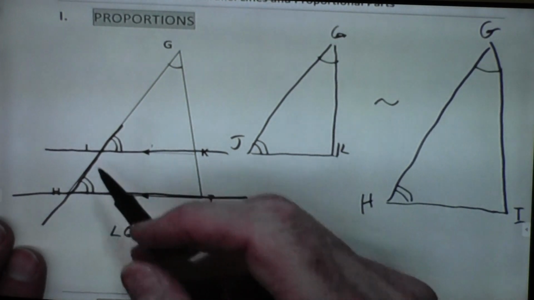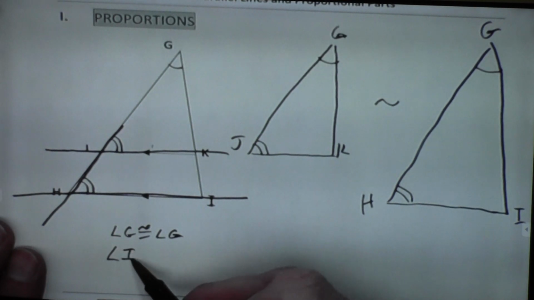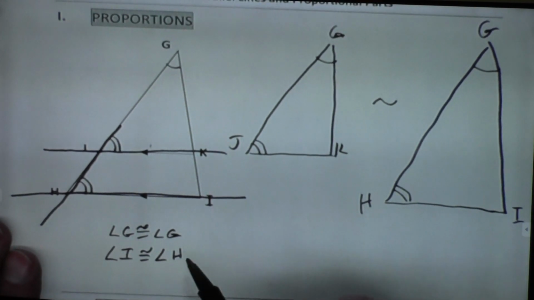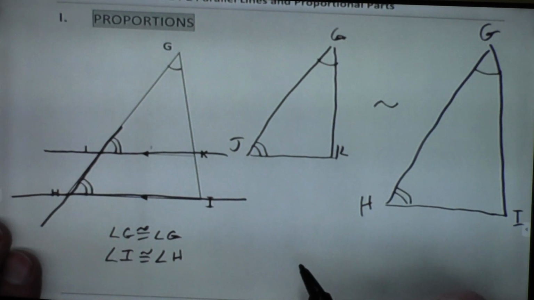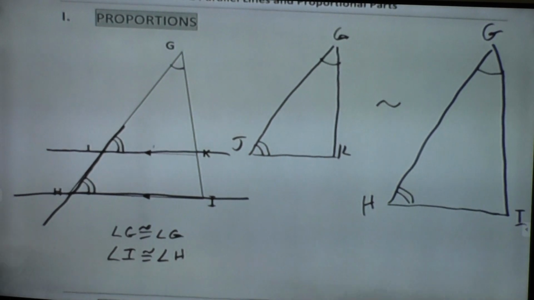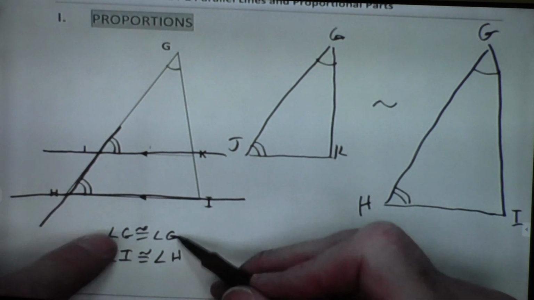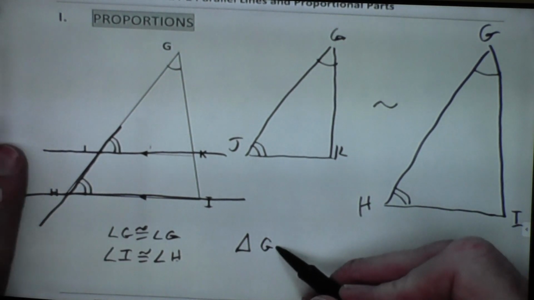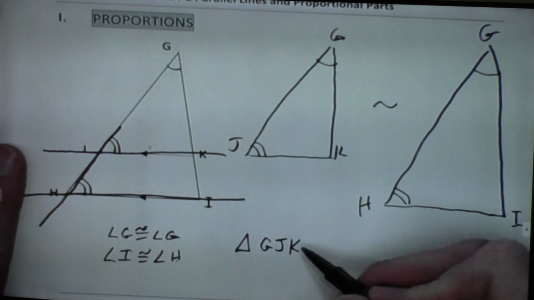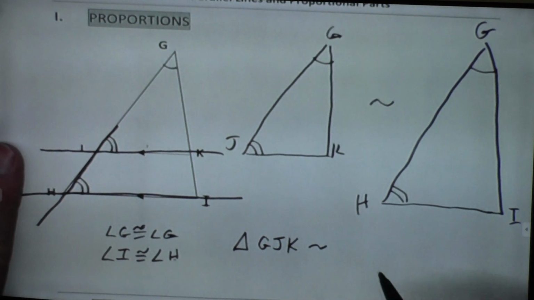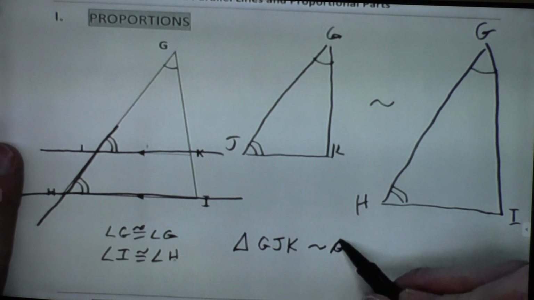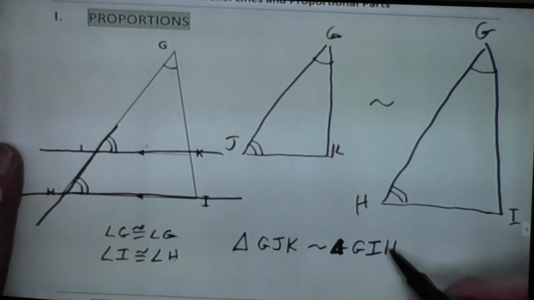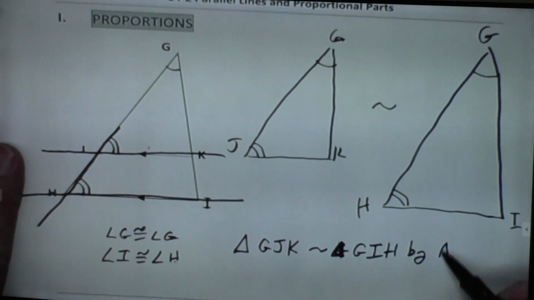And then I can say that angle I is congruent to angle H. I suppose I should make you write down "by corresponding angles," but I'm not going to make you do that. But now I do have one angle and another angle. So now I can say triangle GJK is similar to triangle GIH by AA.